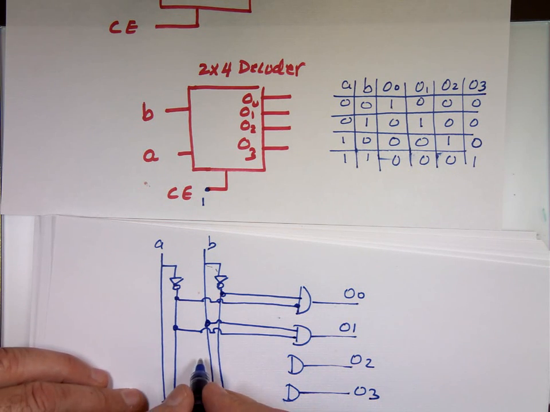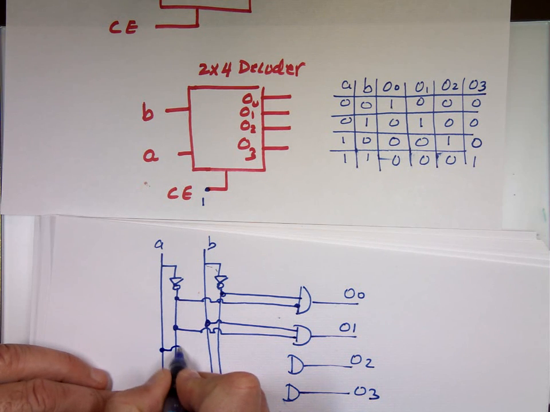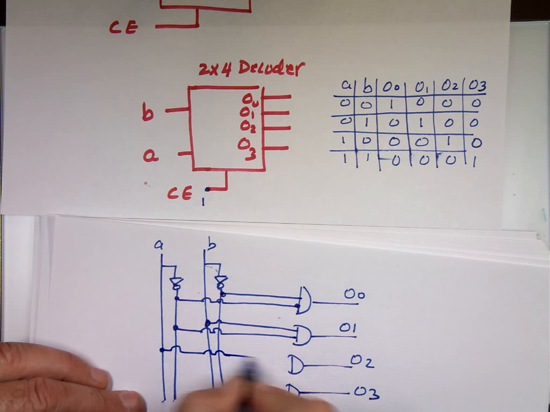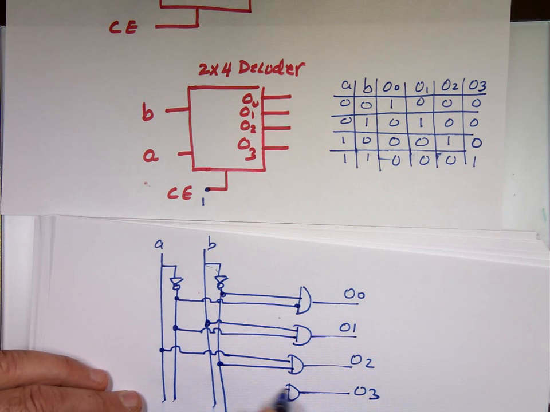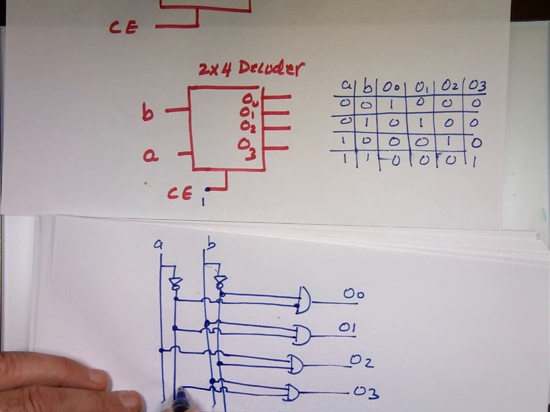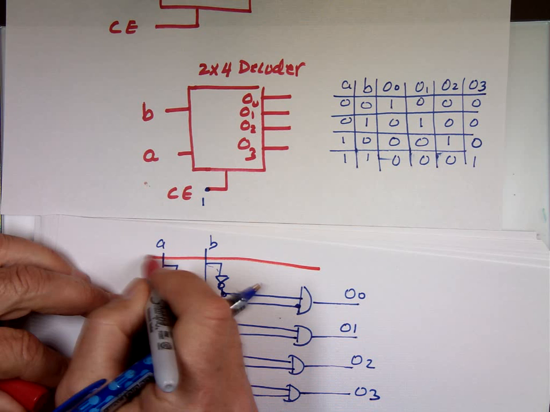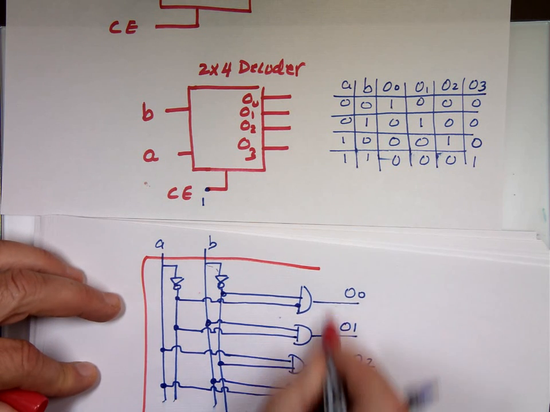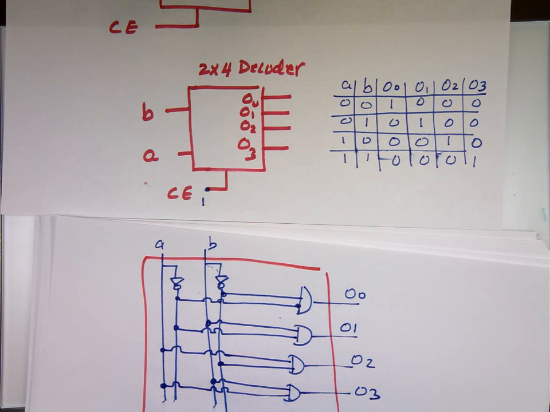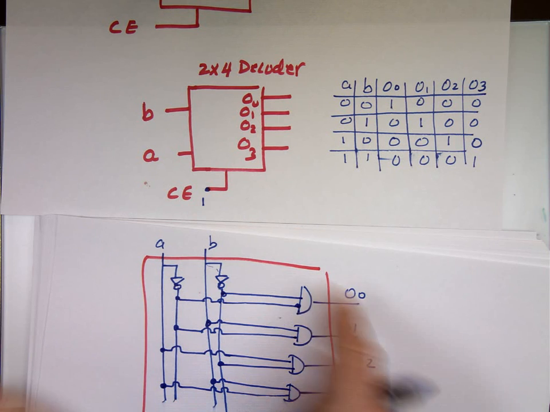This one is 1, 0. And the last one is 1 and 1. And that's really what the inside of that 2x4 decoder is. That's what the decoder is. It has 2 inputs, 4 outputs.